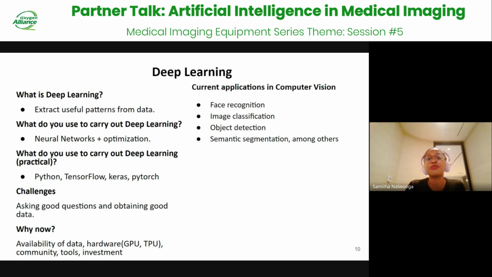It's also able to do something called object detection. Given so many objects of different types, this kind of technology can be used to identify an object of interest, and then it draws a bounding box around it. Then we also have something called semantic segmentation.